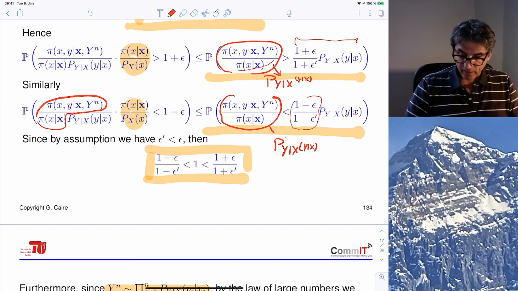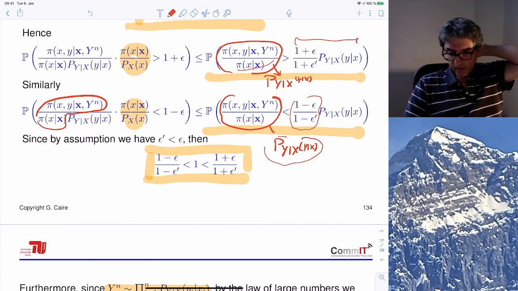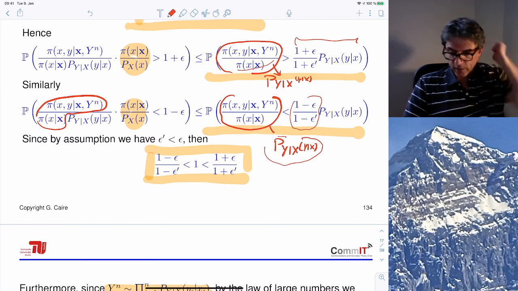So now we have this quantity less than something that is less than 1, and therefore again the probability that this becomes bigger vanishes.